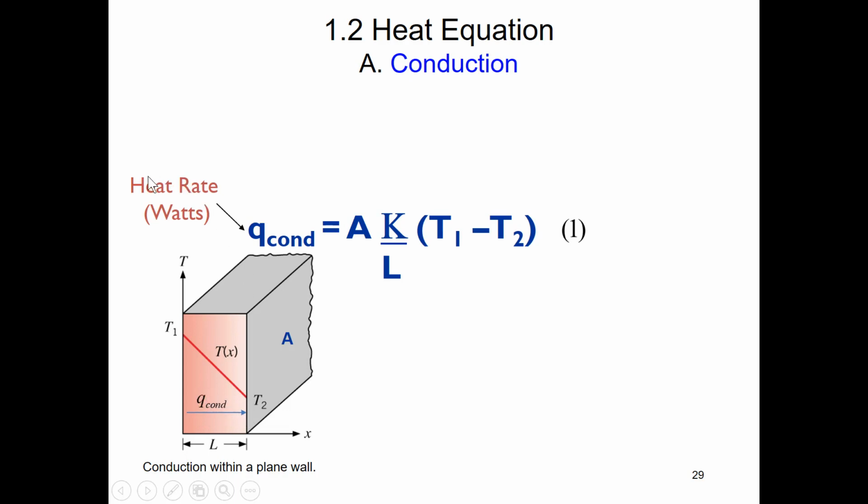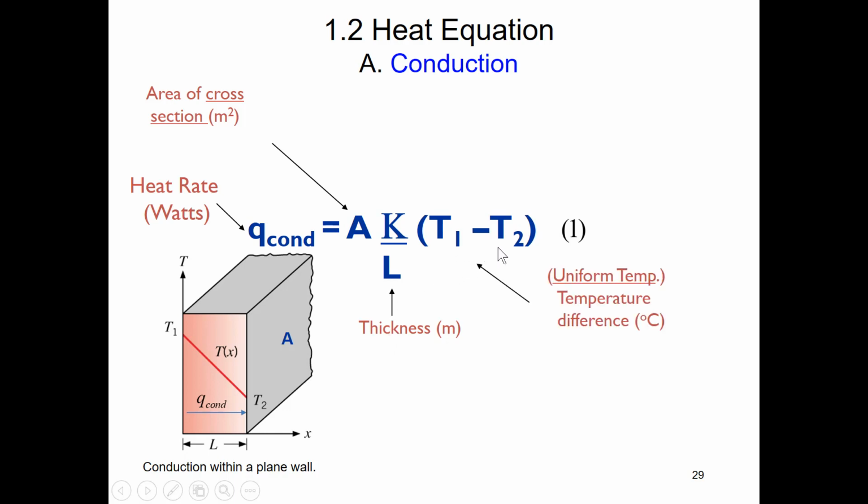And its heat rate can be calculated by area A, which is perpendicular to the conduction heat flow, divided by the thickness L, times the temperature difference from these two end surfaces.